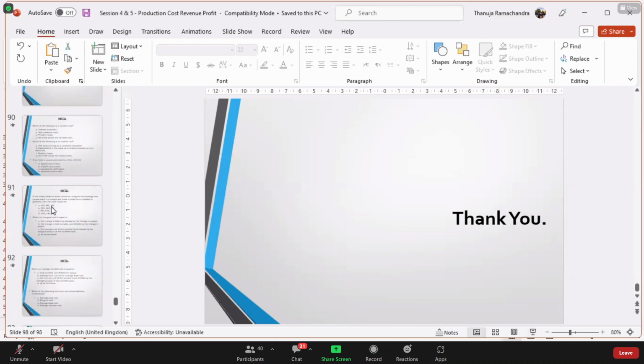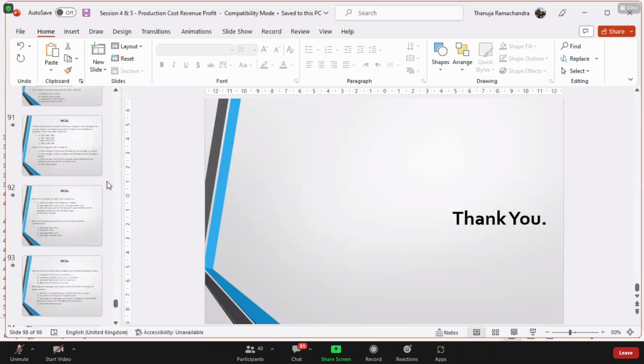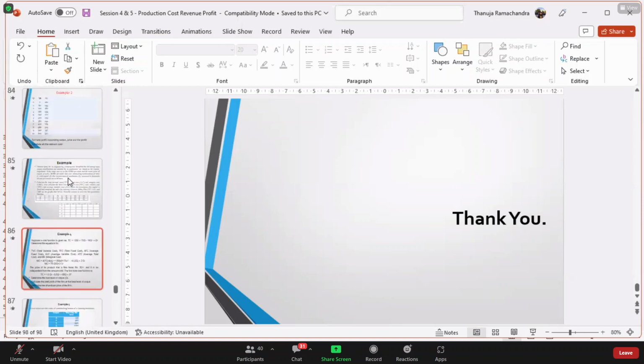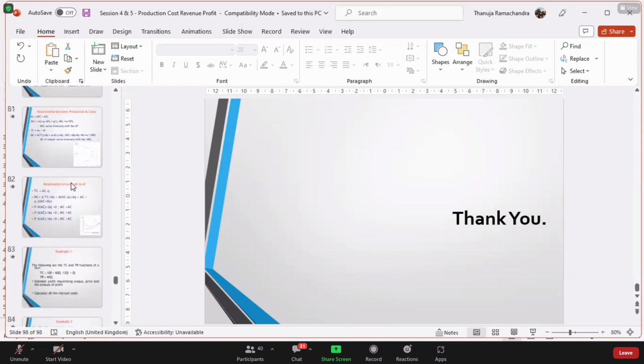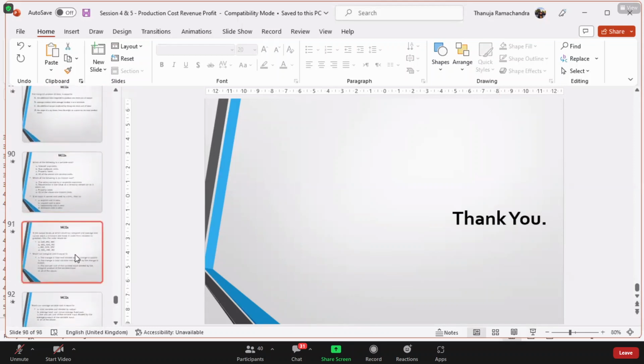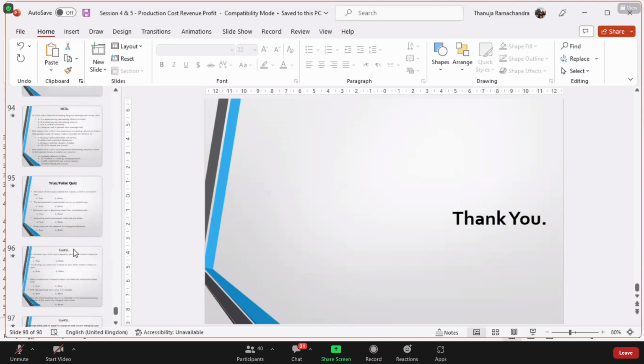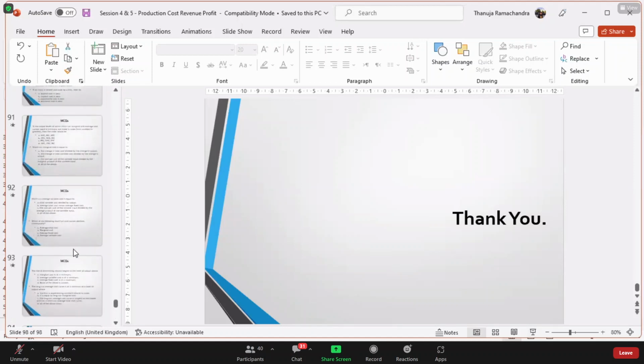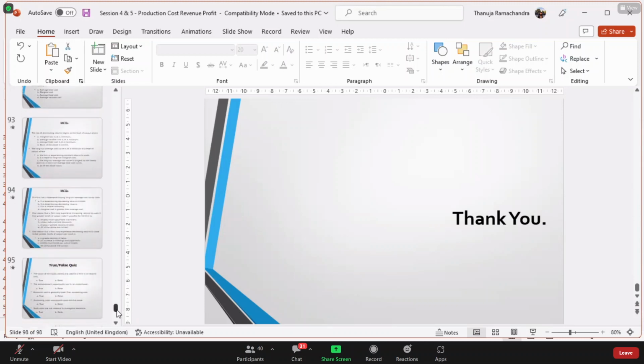Right? So these MCQs are just to recall the theory. So everything you can actually remember to answer these MCQs, right? So it helps you to make yourself clear with the concepts. Okay.